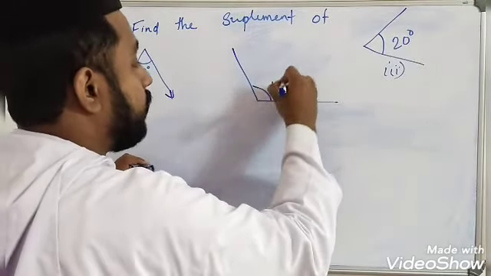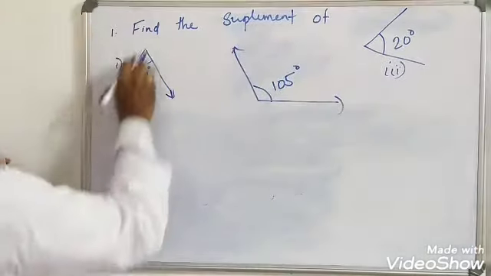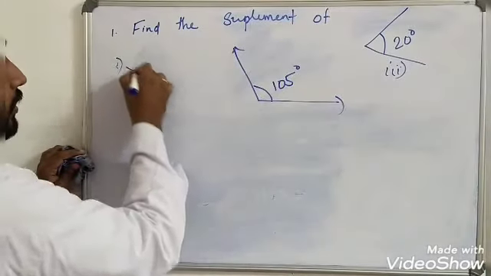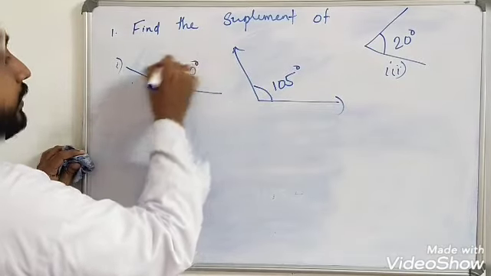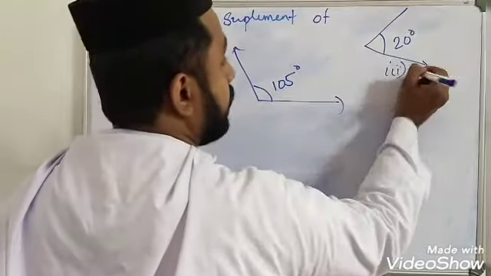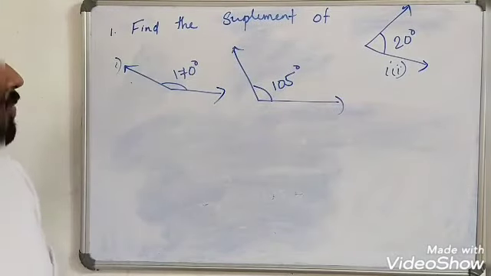Take this as 105 degree, and the first one is 170 degree. We have to find the supplement of the following. First question 170 degree, second one 105 degree, third one 120 degree.